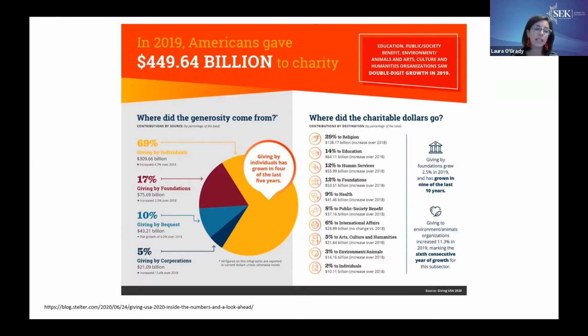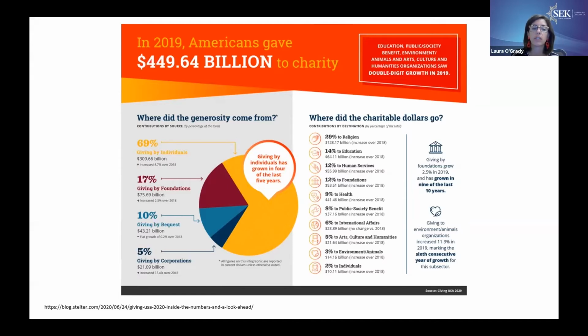I used this statistic because this was a snapshot before COVID, so you could see the trajectory that things were going. And people were very curious about how COVID would change giving levels, but actually it has continued to increase. Foundations continue to distribute what they're expected to distribute, if not even a little bit more.